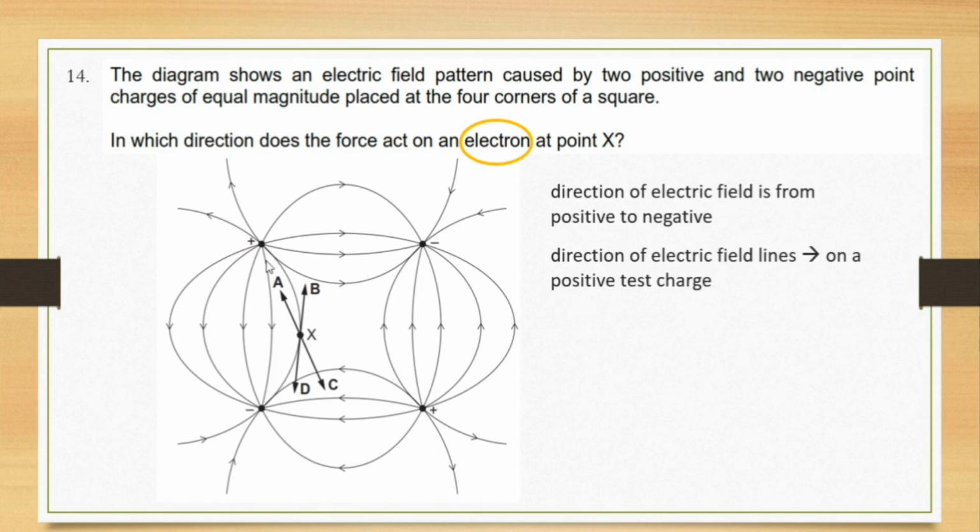That is indicated by the direction of the field. So here at X, the direction of the force will be upwards because it is an electron, negatively charged, and the direction of electric field lines is downwards, so it will be upwards. So the answer is B.